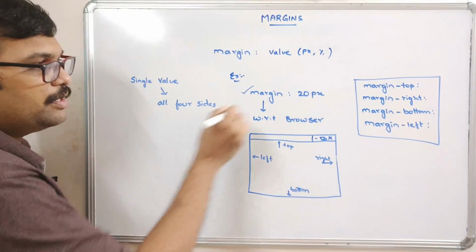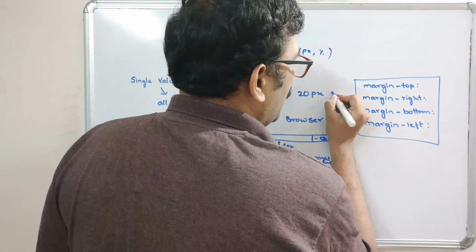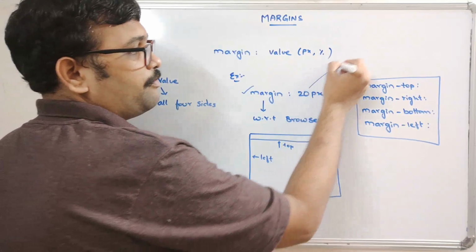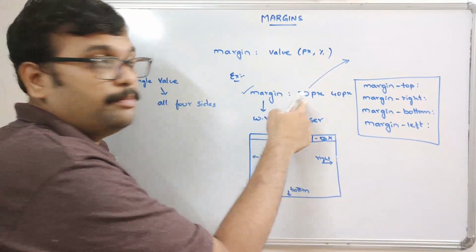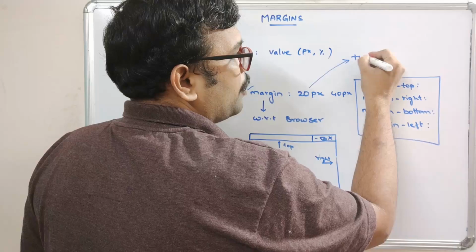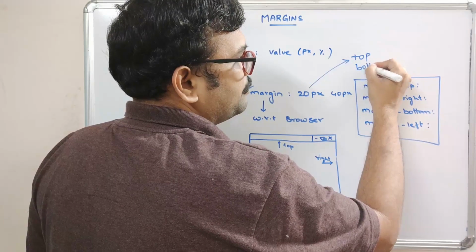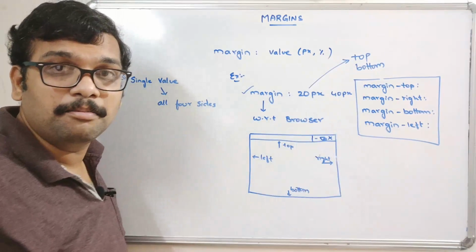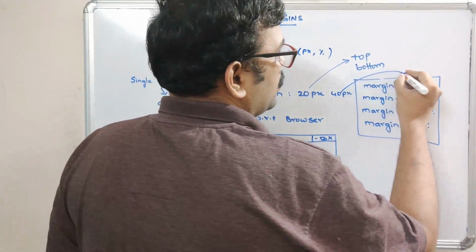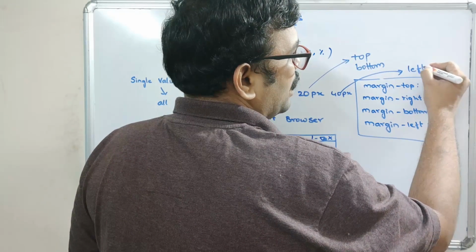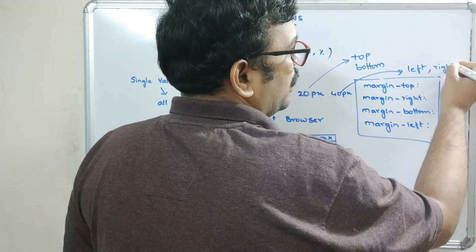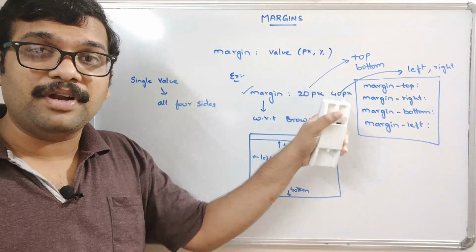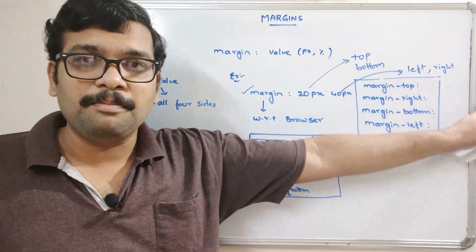And if you are giving two values, 20 pixels and 40 pixels, the first value, 20 pixels, will be applied for both the top margin and bottom margin, and the second value will be applied for both the left margin and the right margin.